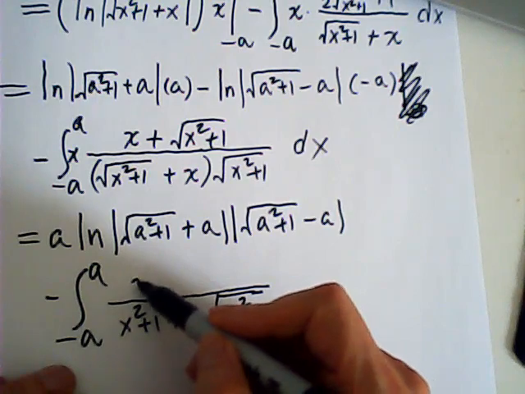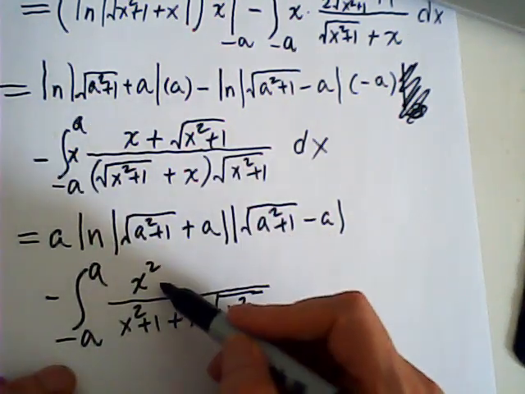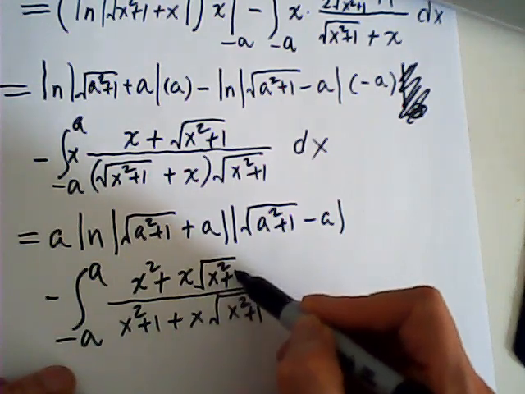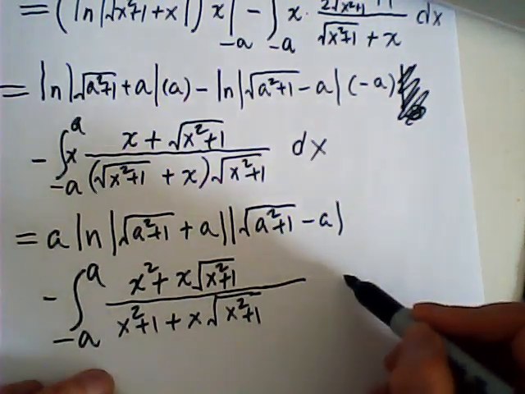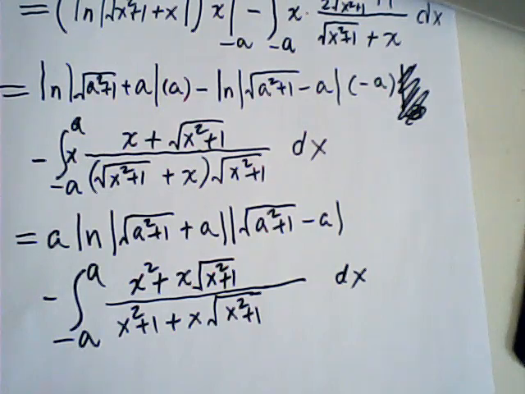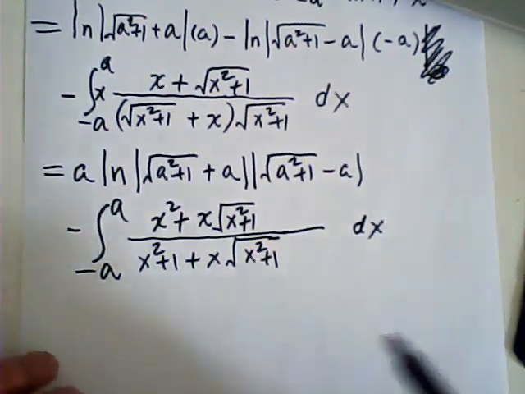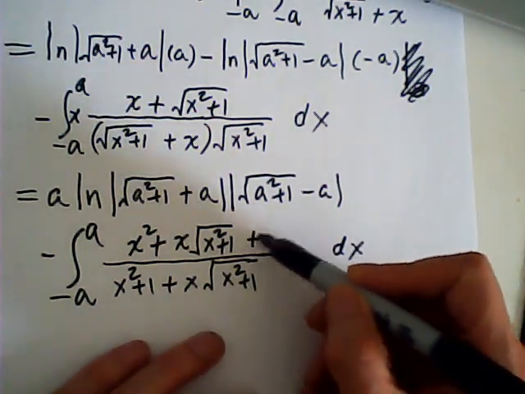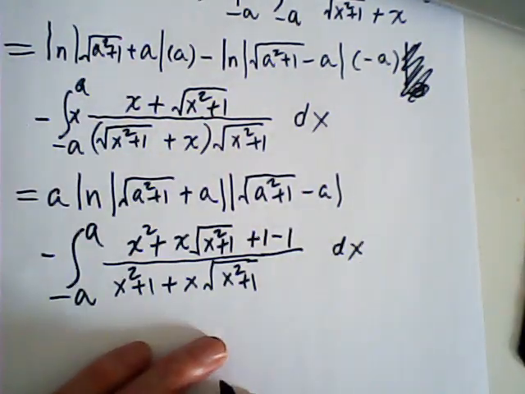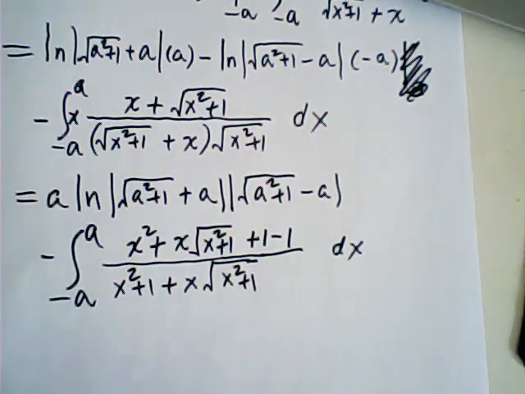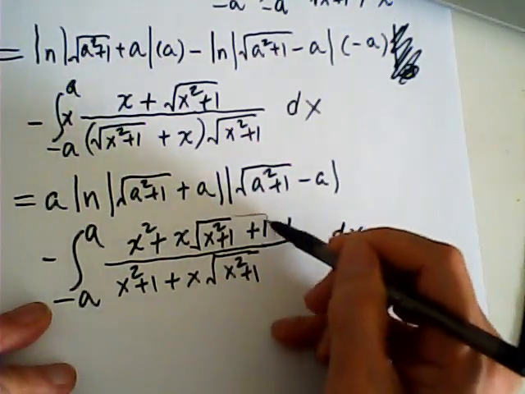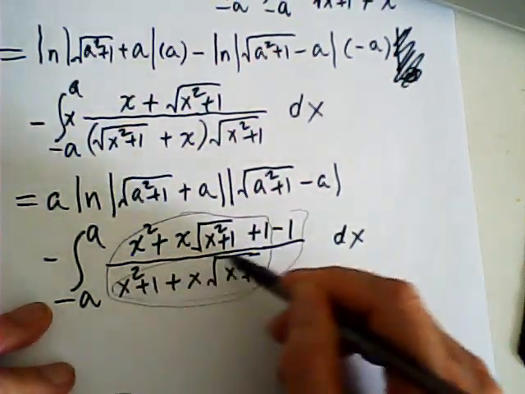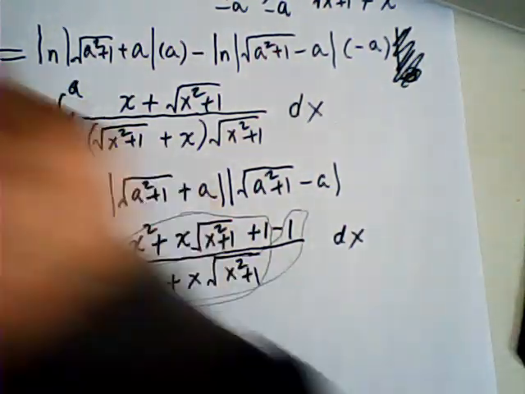So this one times this is x squared. This one times this one is minus x times square root x squared plus 1, dx. Okay. Now here I'm adding 1 and minus 1, right? The reason is obvious: this over this will become a 1. This over that is another integral, right?